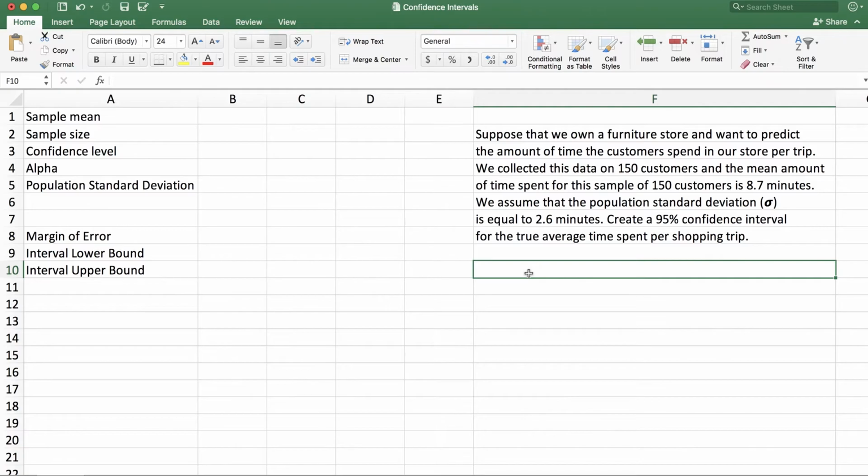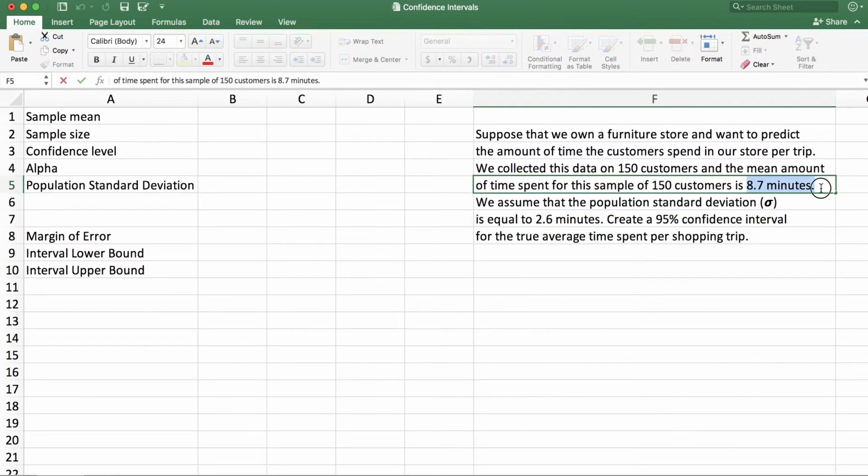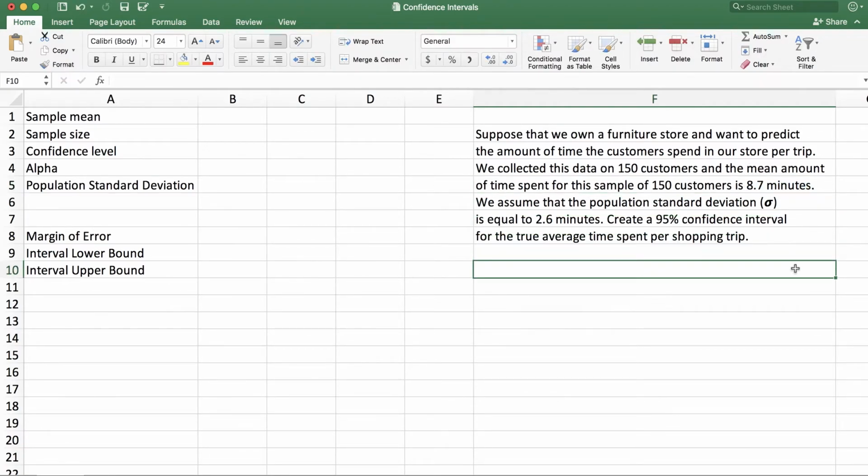And we collected data on 150 customers and we wanted to see the average amount of time they spent in our store, and this value is given to be 8.7 minutes. So based on the sample on 150 customers, the average time spent per shopping trip is 8.7 minutes.